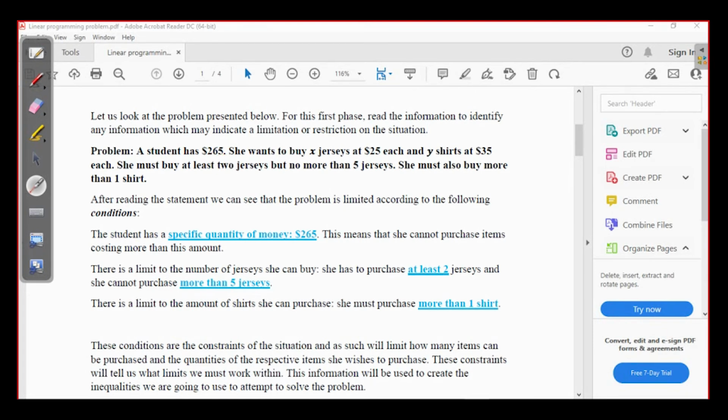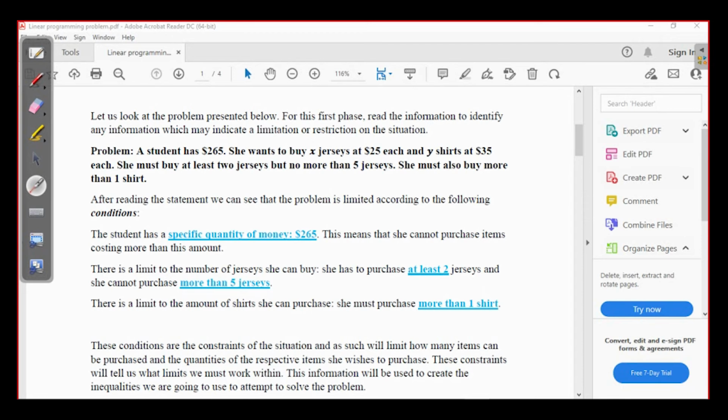She wants to buy X jerseys at $25, Y shirts at $35 each. She must buy at least 2 jerseys, but no more than 5, and she must also buy more than 1 shirt. So in that statement, if we break it down sentence by sentence, we realize that there's information inside there that we can create constraints based on.